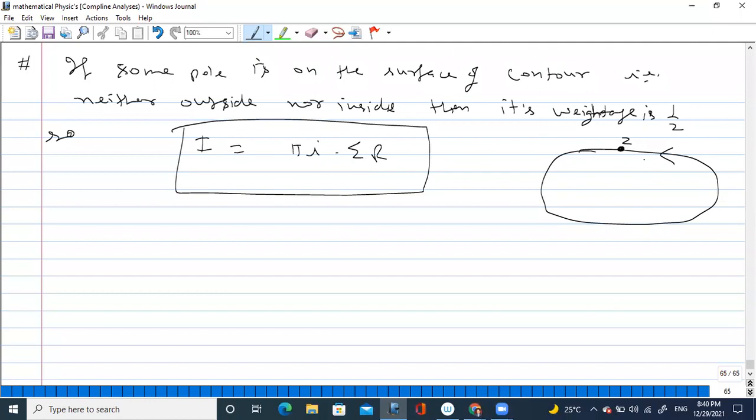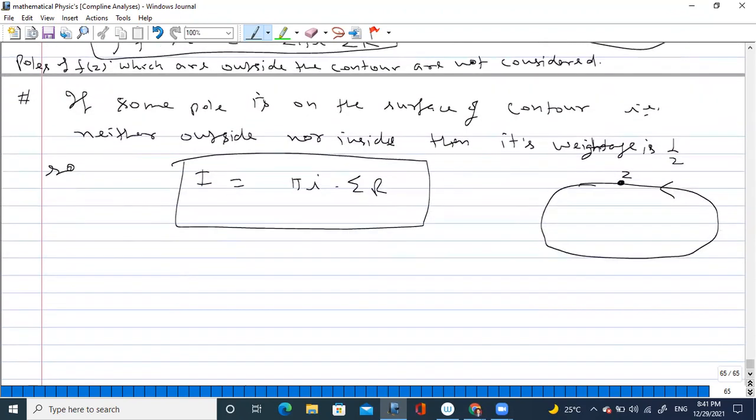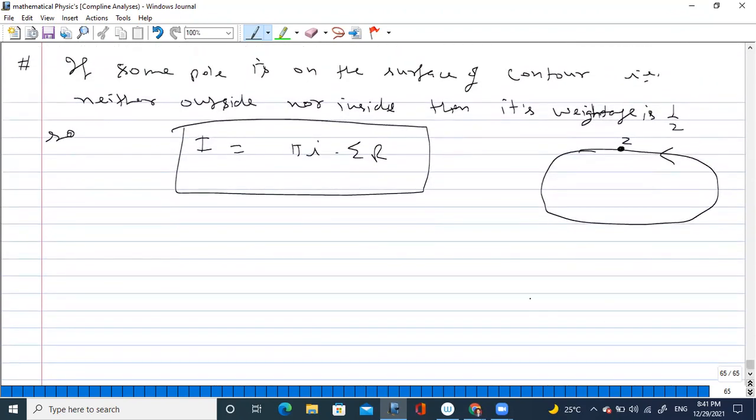It is on the line of the contour, so that time you have to take just pi I into r. Understood? These three things you must remember, because if one single negative sign or one single half is missed, it will give you the wrong answer and the wrong option. So you have to practice more in complex variables, then only can you solve the problem correctly. Accuracy is a must.